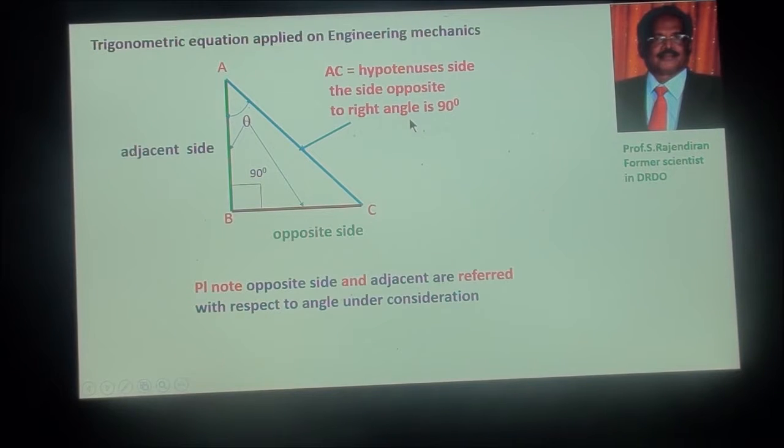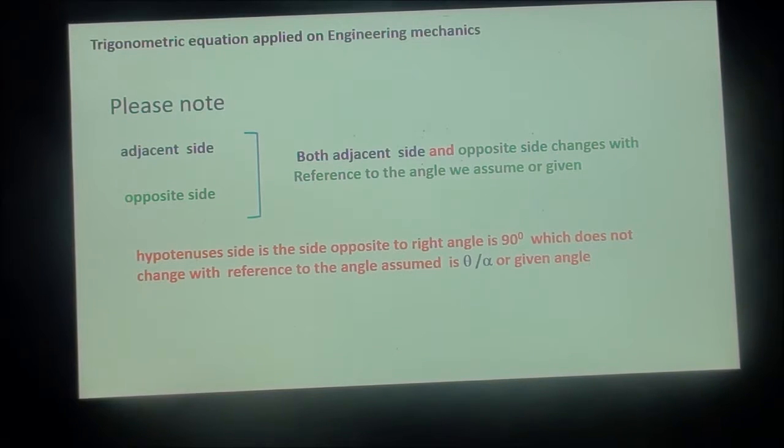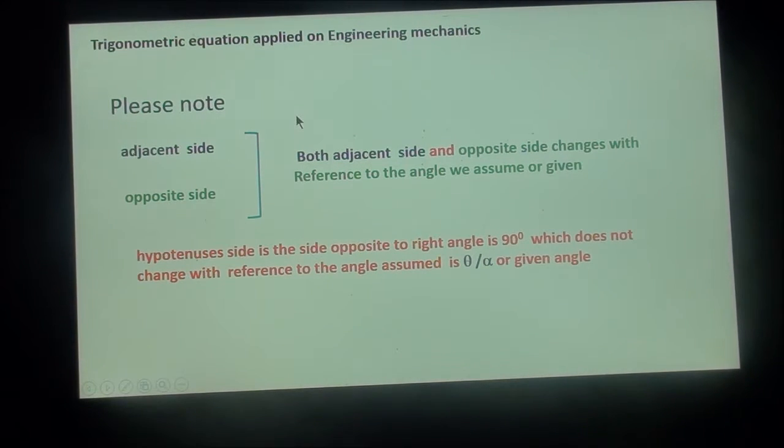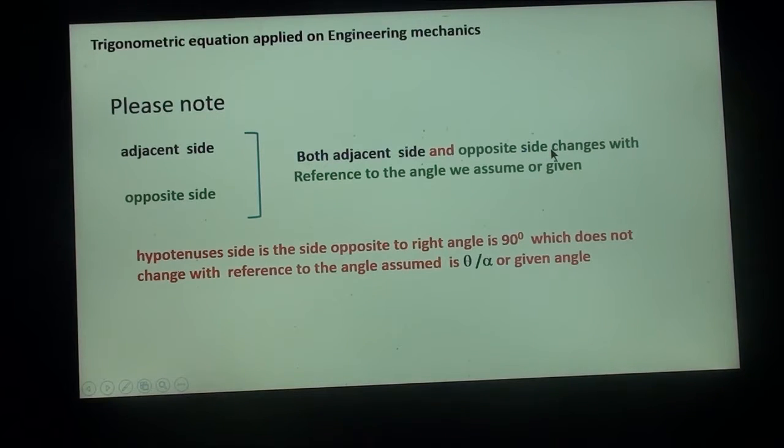You may note that this hypotenuse does not change, whereas the adjacent side and opposite side change with reference to theta. So one should note that both the adjacent side and the opposite side change with reference to the angle we assume.